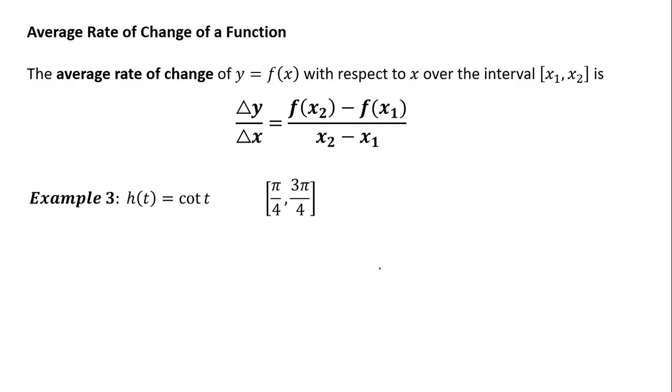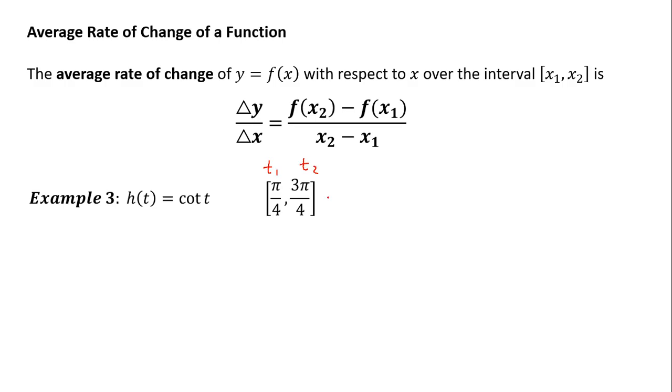So now we have a trigonometric function. h of t equals cotangent of t. Okay, here we might need one trigonometric identity to solve the values we are looking for. So suppose this is t sub 1, this one is t sub 2.